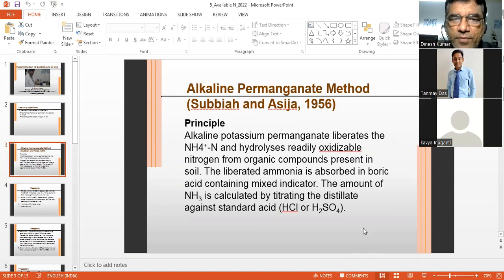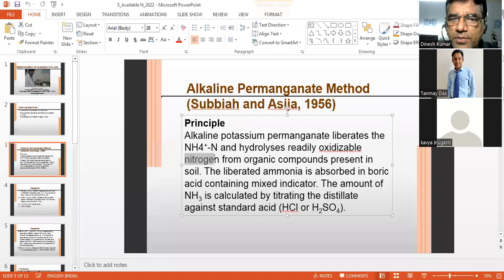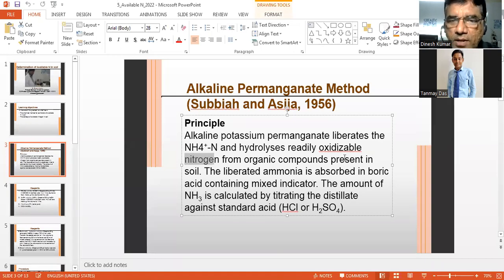I read it again for you. Alkaline potassium permanganate liberates the ammoniacal nitrogen and hydrolyzes readily oxidizable nitrogen from organic compounds present in soils. So that means it will do two jobs. It will extract the ammoniacal nitrogen as well as part of the readily mineralizable organic nitrogen.